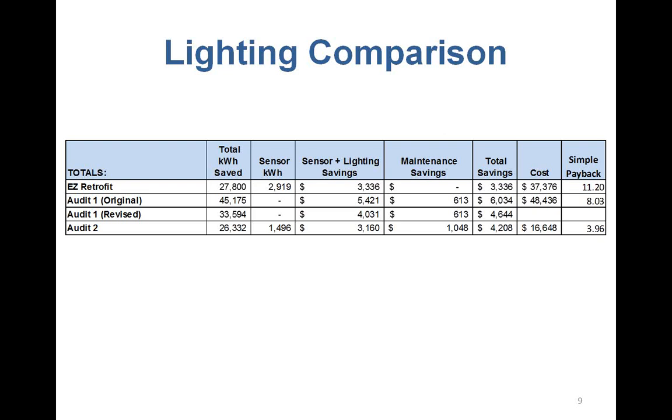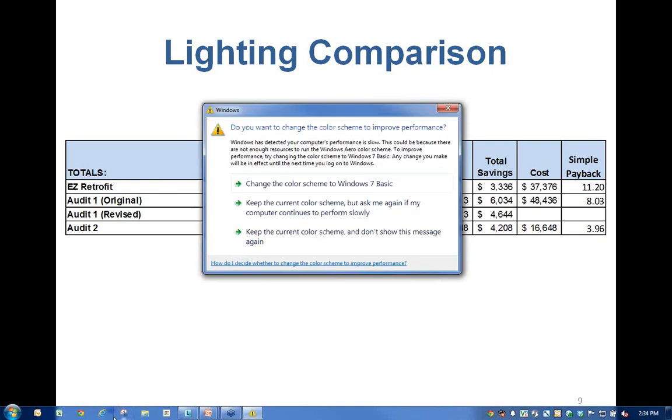And so I think in a lot of ways the EZ Retrofit tool accomplishes what I'm after, which is to get a sanity check in the case of if you have a contractor come out and give you a projection of what savings might be. This is another reference point to see, okay, is it sort of in the ballpark?